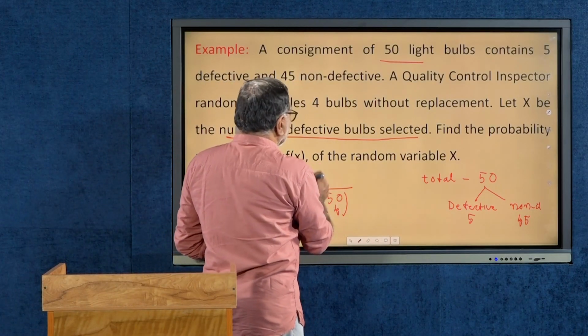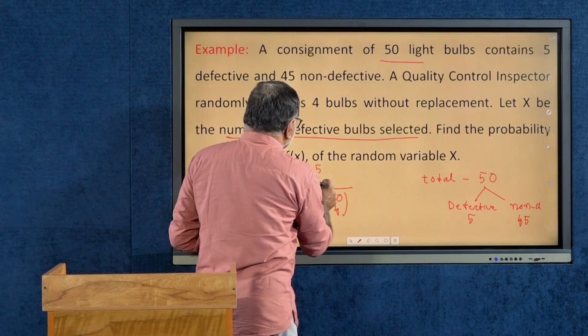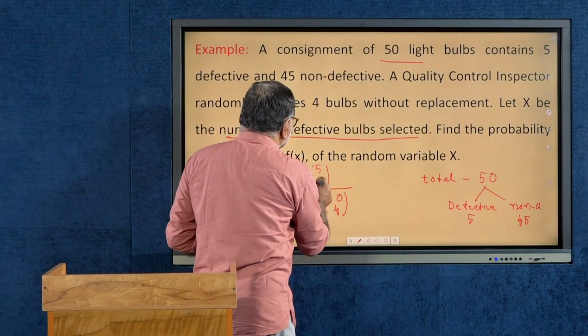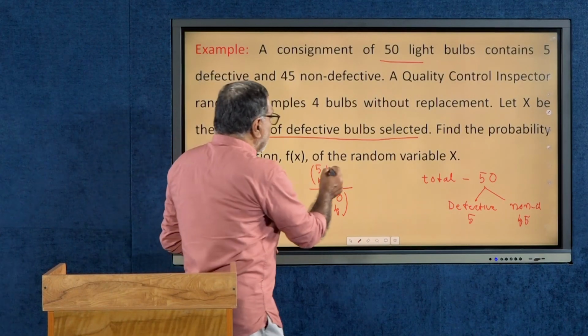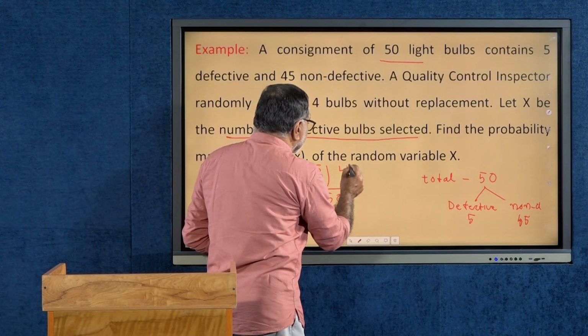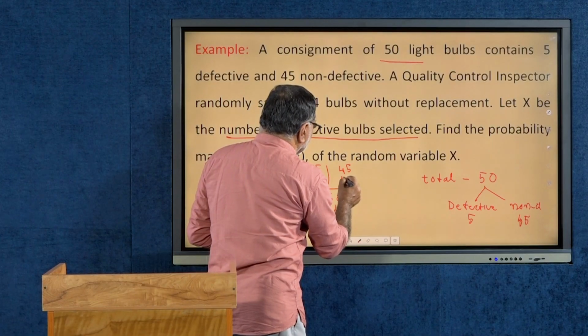Now the defective bulbs are 5, so 5 C k, where k is the number of defectives. And 45 non-defectives.